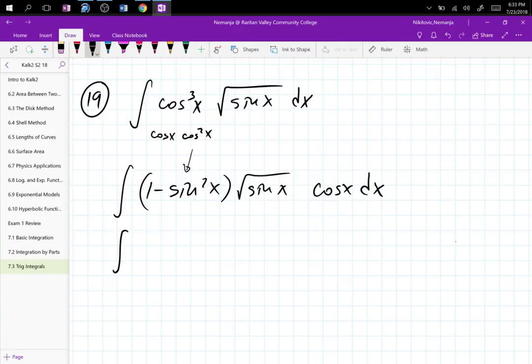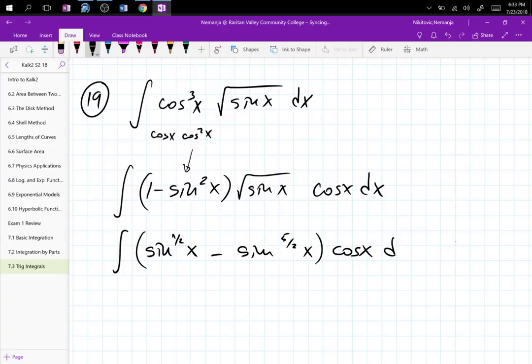So now in the integral, you have the square root is a 1/2 exponent, so this is sine to the 1/2 x minus sine to the 5/2 x, because when you have sine squared, that's 4/2 plus 1, which is 5/2. And then you have your cosine x and then dx.